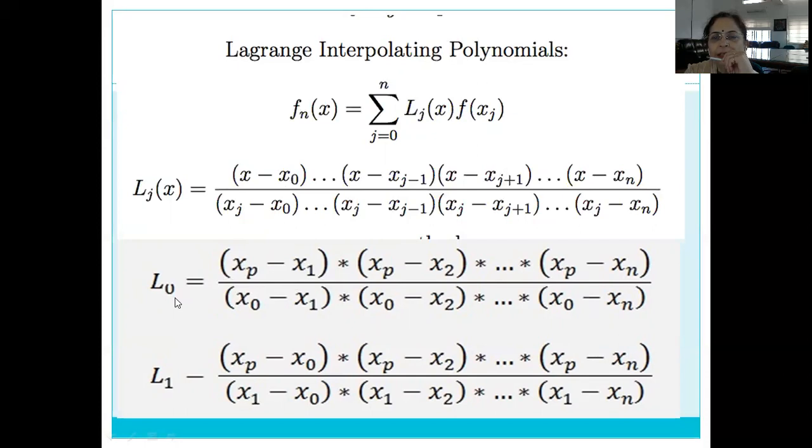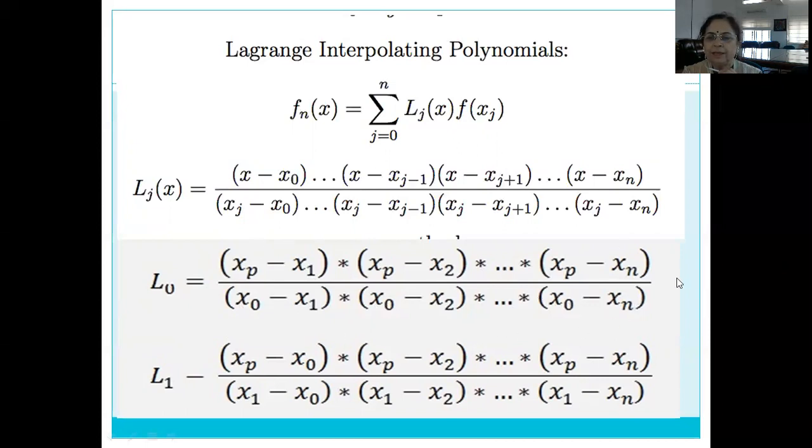Since i equal to j cannot be considered, we take all the remaining data points, written as xp minus x1, xp minus x2, up to xp minus xn. In the denominator, we look at which value we are calculating the weighing function for. For j equal to 0, we replace it as x0 minus x1, x0 minus x2, similarly up to x0 minus xn.